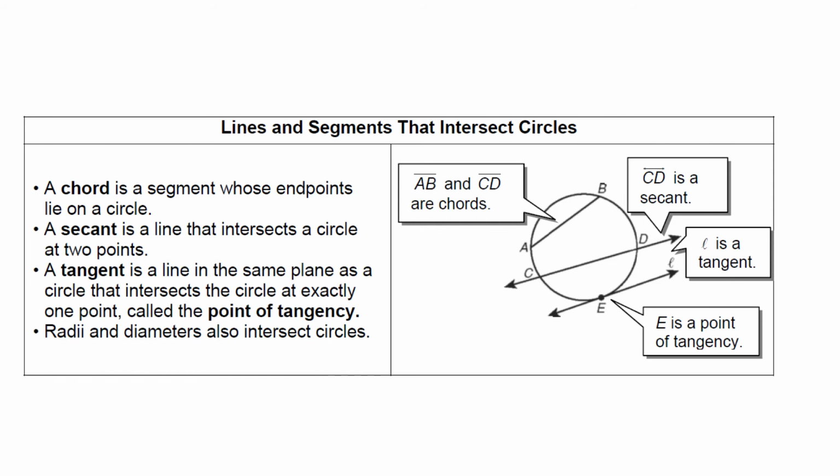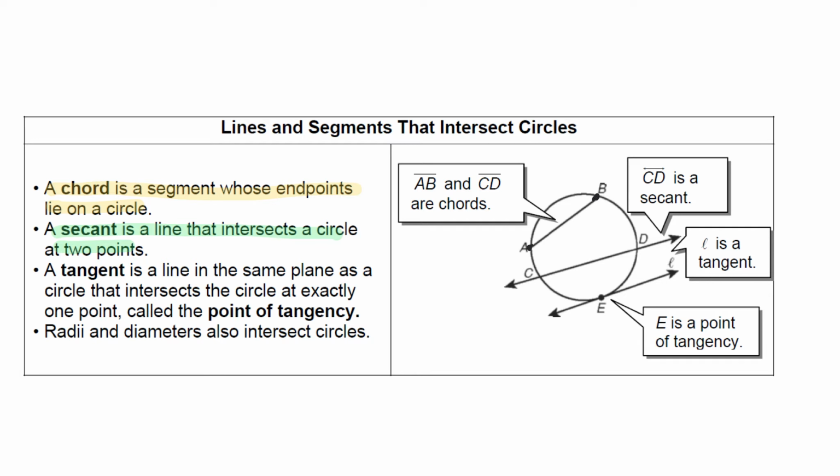So here are the names of the parts of the circle we were talking about. One that's often mistaken are these two right here, the chord and a secant line. The difference between the chord and a secant line is, remember, a chord is a segment. So it's going to start and end on the circle, and a secant line is going to pass right through.